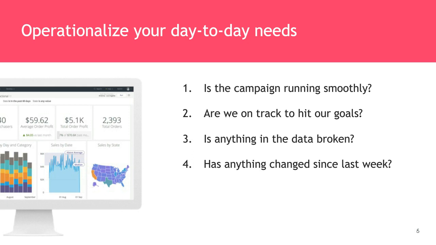And that's not, was my campaign successful? It's, we launched this yesterday and we expect to see this. How is it going? Are we on track to hit our goals? We know what we're supposed to be doing, and how are we looking for that? Let's not find out after the quarter that we've missed quota.